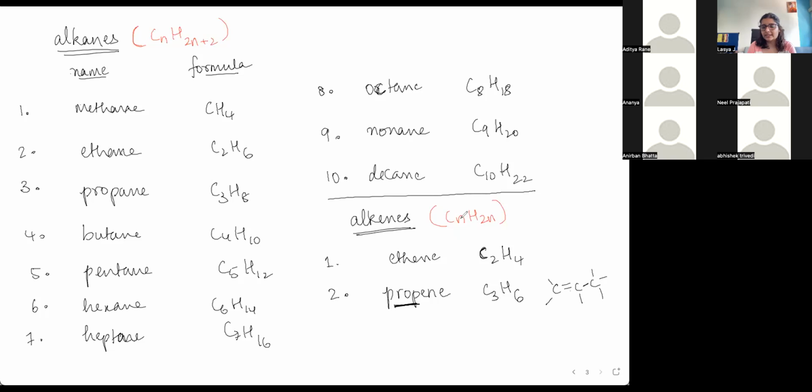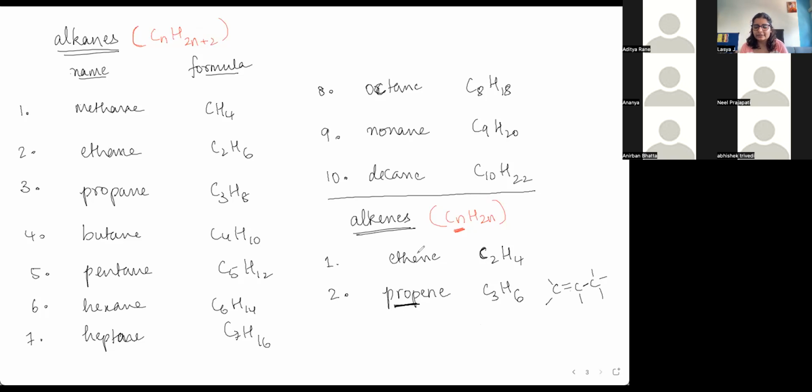Yes. So in alkenes, the hydrogens are always twice the number of carbon atoms. So even if you figured out that propene has 3 carbons, you can directly figure out 2n, so C3H6.